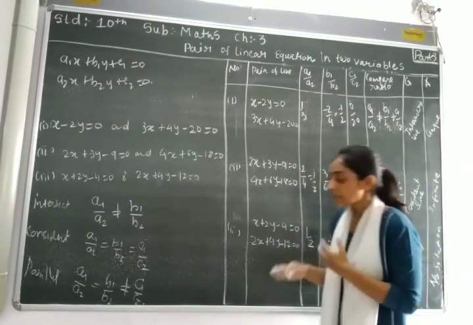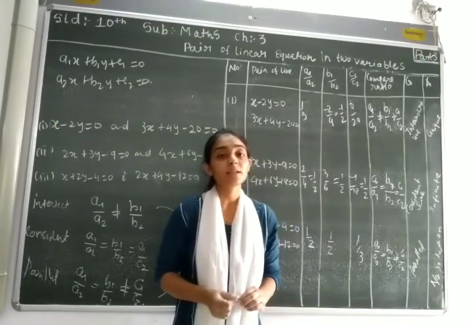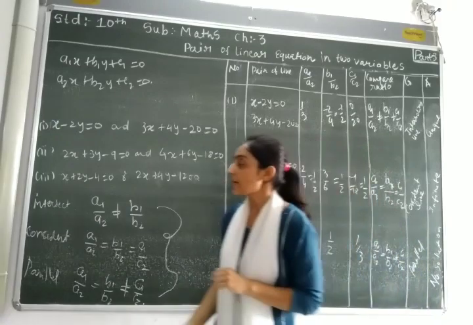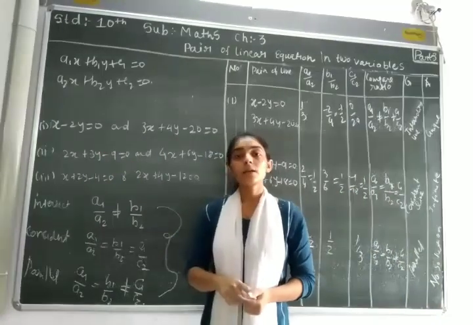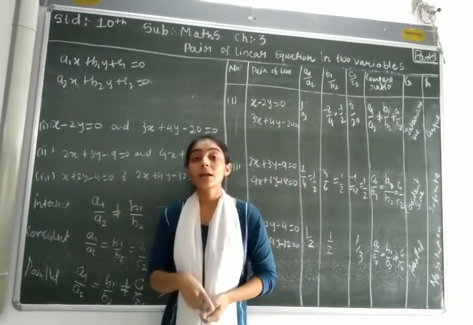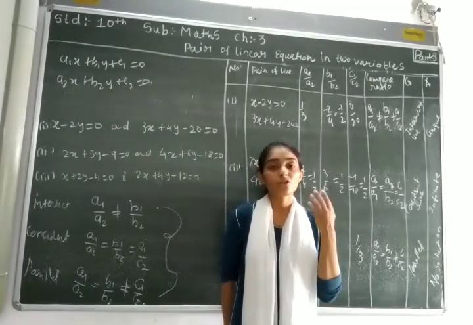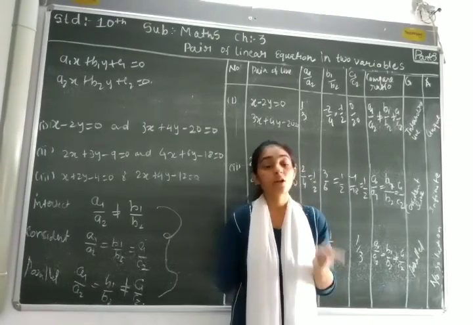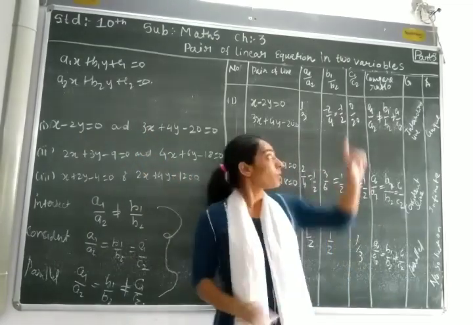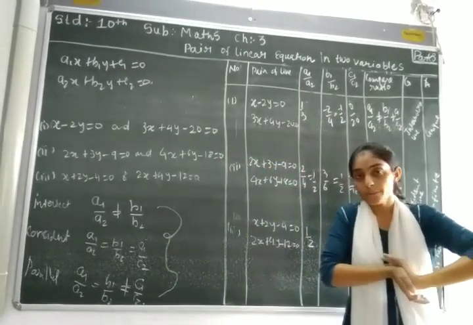So these three things are very important to solve some MCQ type of questions. If the question asks that two equations were given, and say whether these two equations are intersecting lines, coincident line or parallel line, you are not drawing a graph. Okay, it's a very lengthy method. What you are going to do, you just compare its coefficients, and you just compare its ratio.